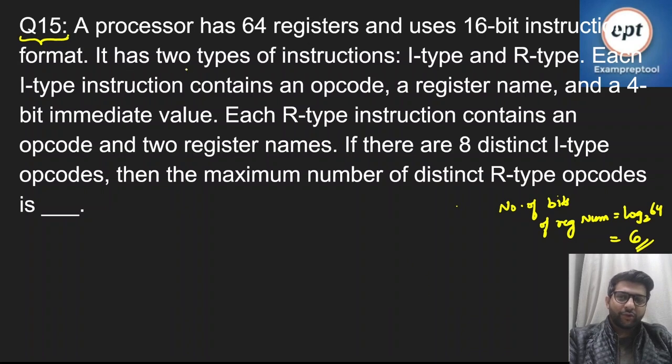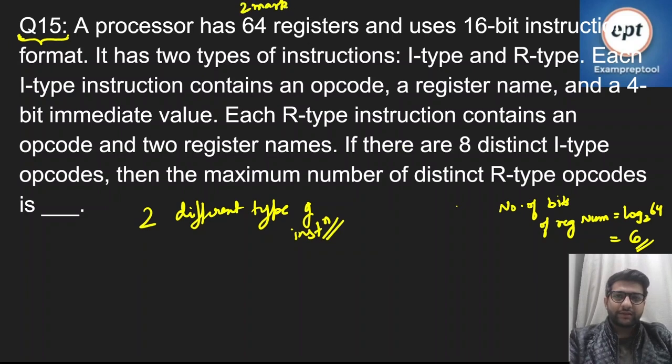Now this type of processor supports two types of instruction. So this is a new, different type of question with two different types of instruction supported, and these types of questions are usually asked for 2 marks. So let me explain how you can solve these types of questions.